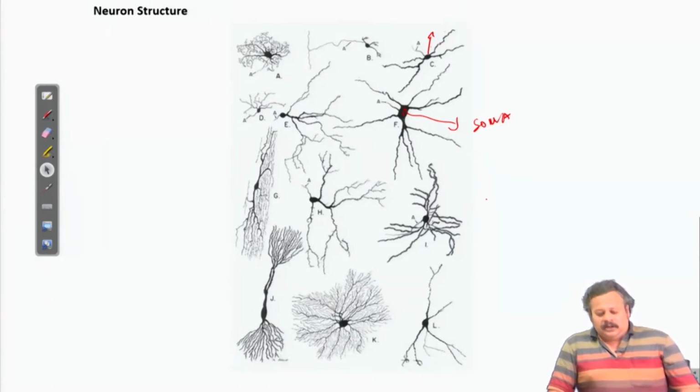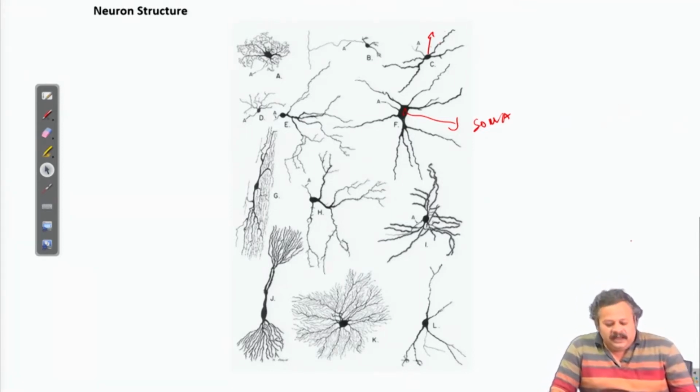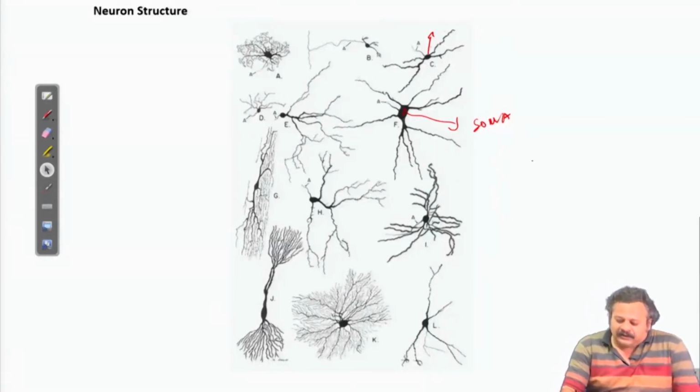These protrusions are called dendrites, and there is a single very thin output-like structure that goes out from the neuron, called the axon.